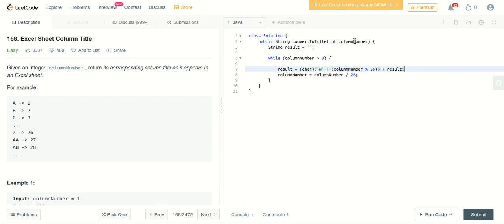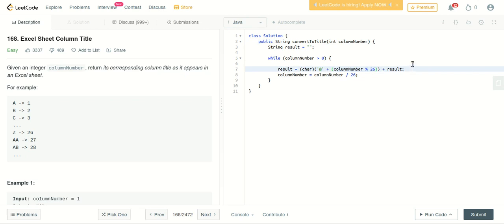Let's say if it is 27, then we would divide it by 26 and we would have a remainder of 1 here, and we would add the remainder to the character, then we would get a, so that would give us a.